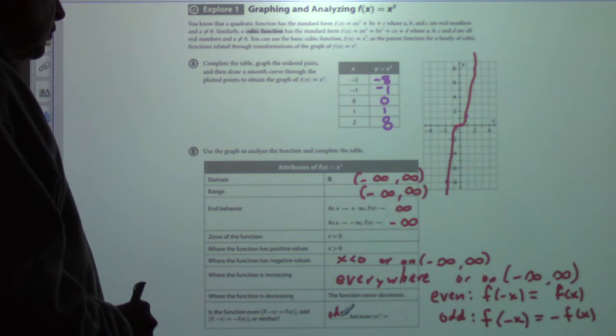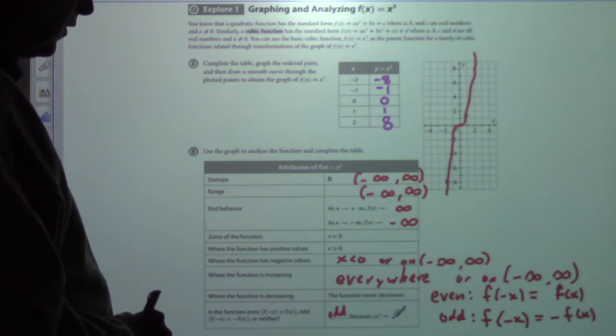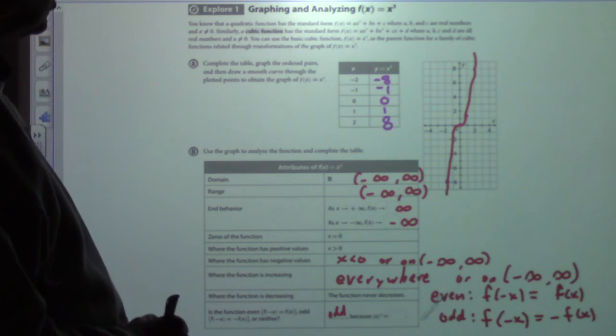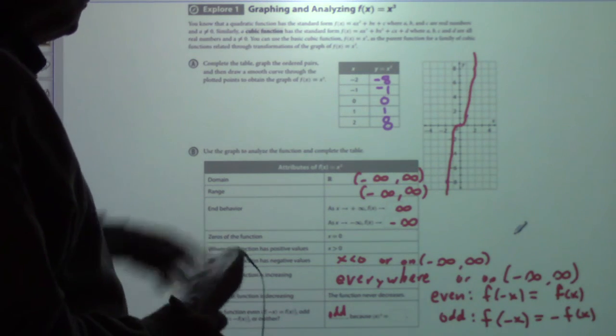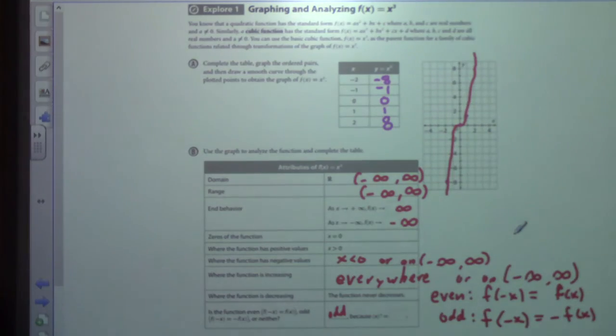Odd. But anyway, basically this is what it looks like, and this is what a table view looks like. Another thing you say is this has 180-degree rotational symmetry. That's another way of saying this.